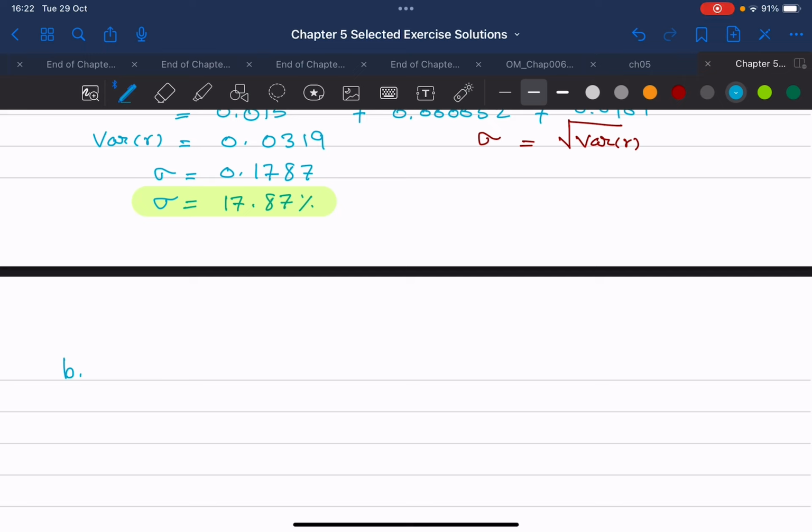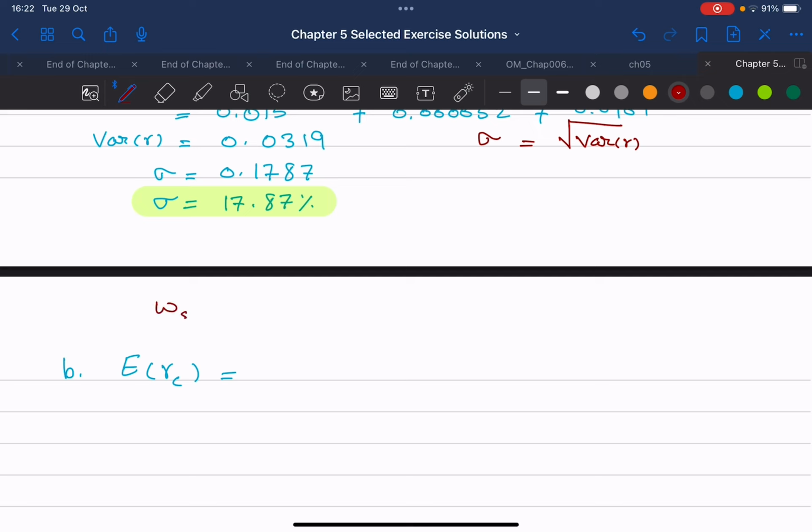Part B, expected return. Let's call it C of the complete portfolio. That is going to equal, what do we need here? We need the weights and we need the expected returns for each of the components of the portfolio, right? So let me write that down first.